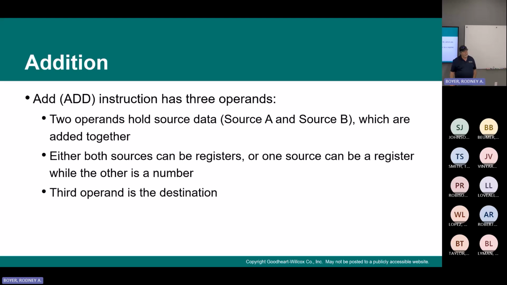It is possible to put the answer back into the same data register. So if you start with, say, N7:0, you add 1 to it, you stick it back in N7:0, and all you do is increment that by 1.